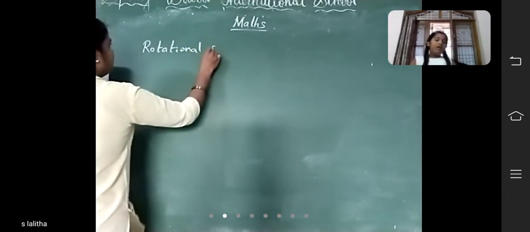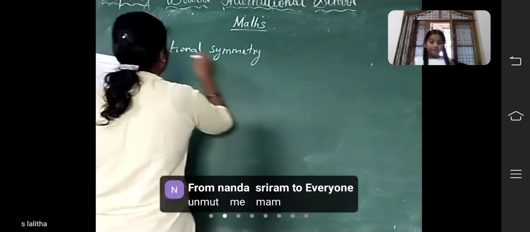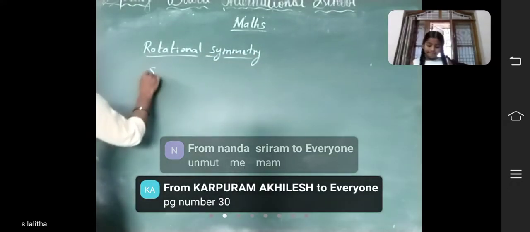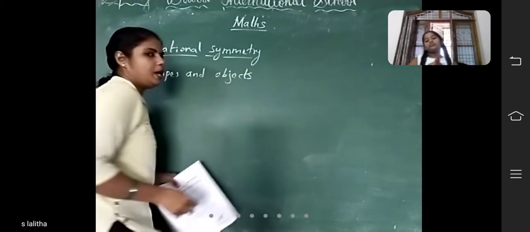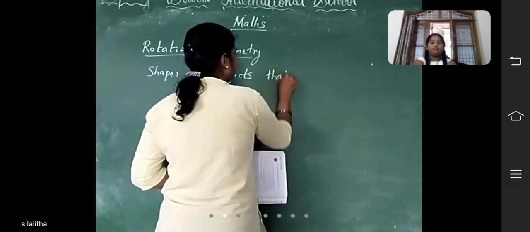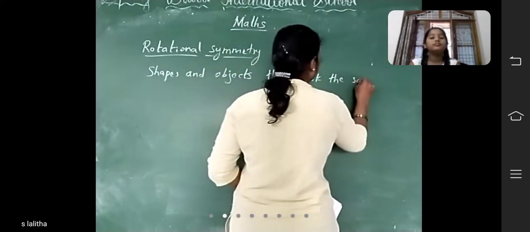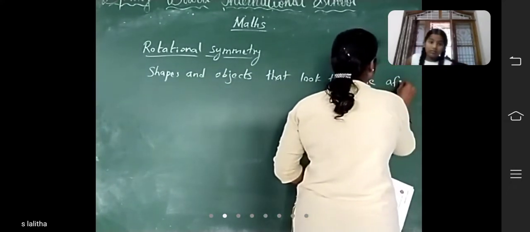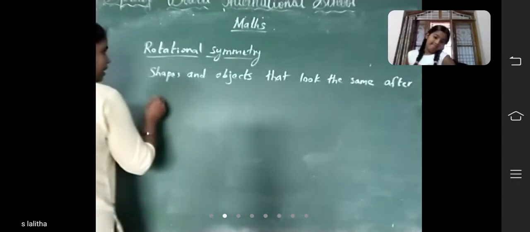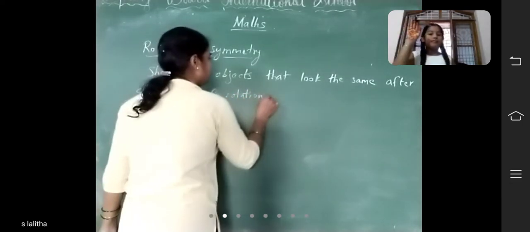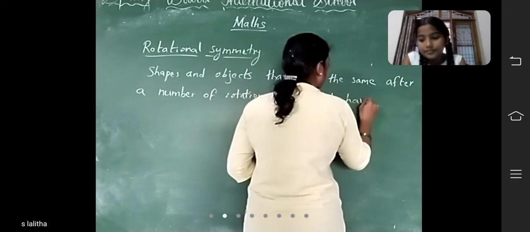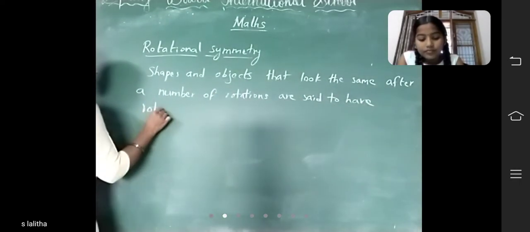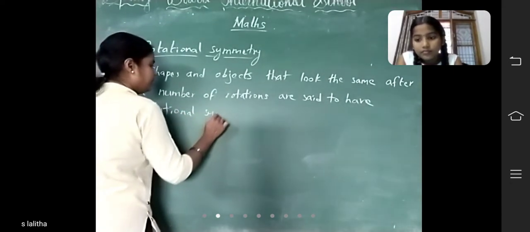Shapes and objects that look the same after a number of rotations are said to have rotational symmetry.